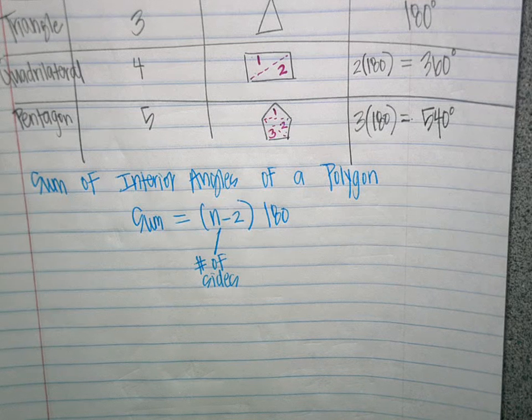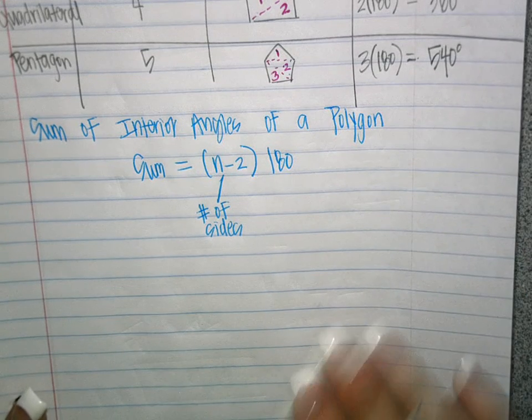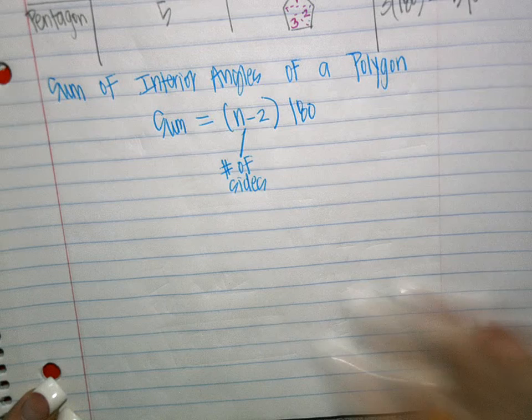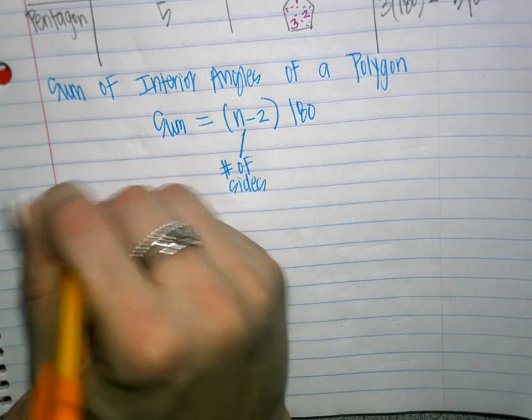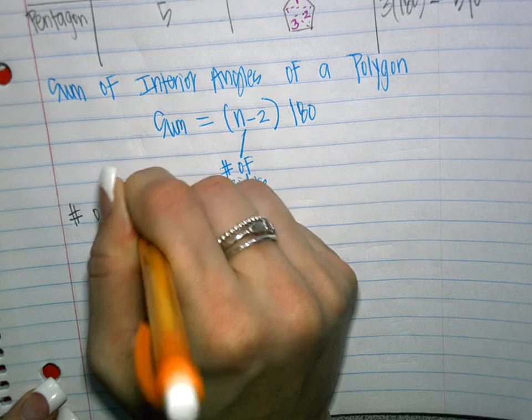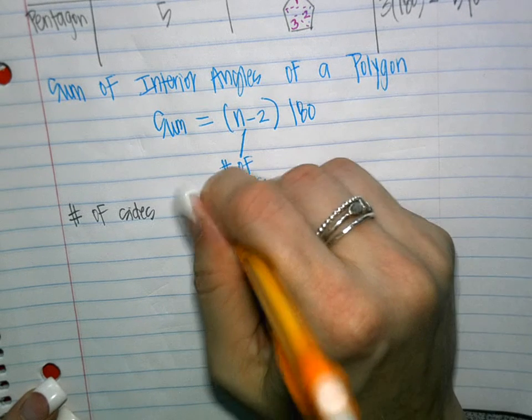Now, just in case, I want to make sure that we know how to label polygons. If I tell you the name of something, I want you to be able to tell me how many sides it has. So we're going to make another little chart with the number of sides and the name of the polygon.